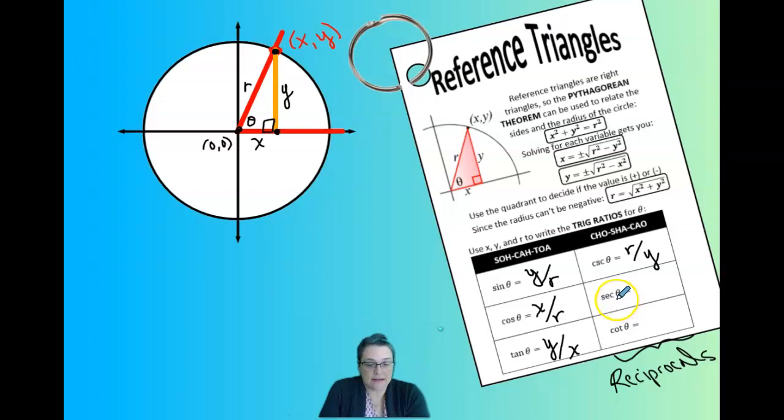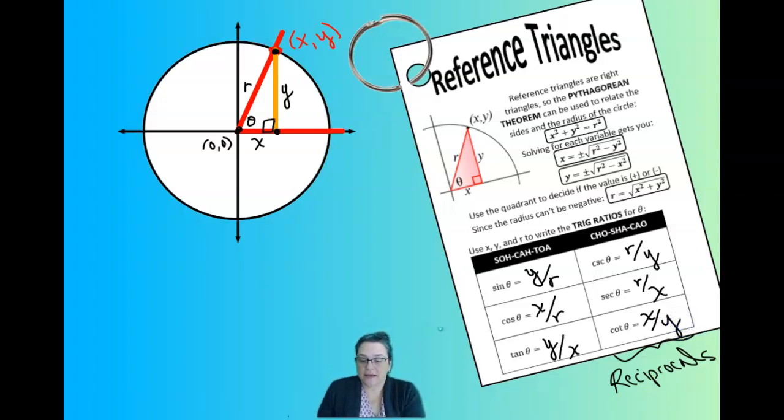Then secant is the reciprocal of cosine. So since cosine of theta is x over r, secant, its reciprocal, is going to be r over x. And similarly, the reciprocal of tangent is cotangent. So if tangent of theta is the ratio y over x, cotangent of theta is x divided by y.